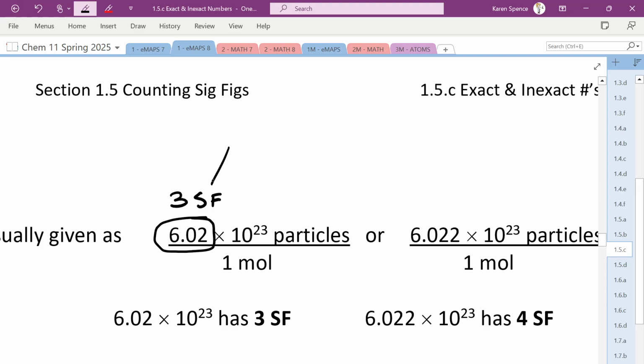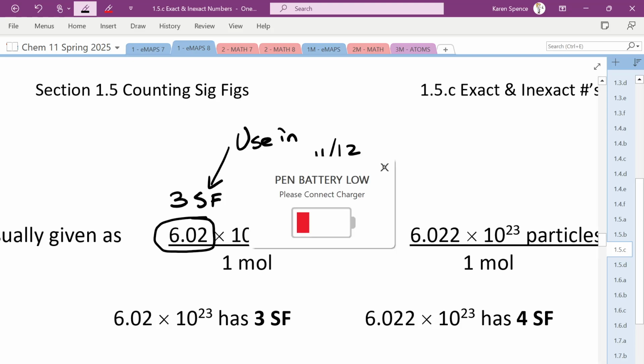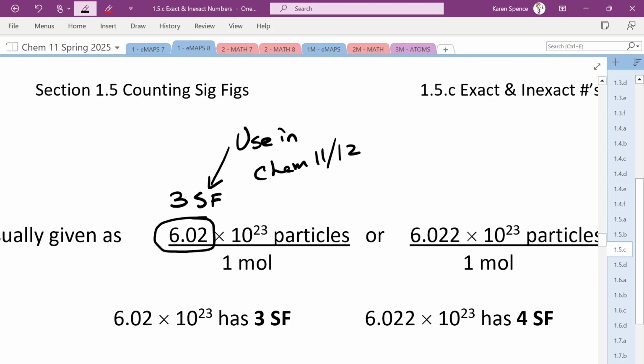This is the number we use in Chem 11 and 12. But if you were to have taken AP Chem, they use this one. It just means you have to punch more numbers into your calculator.